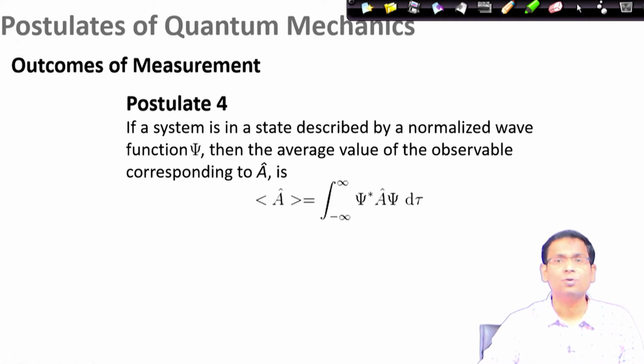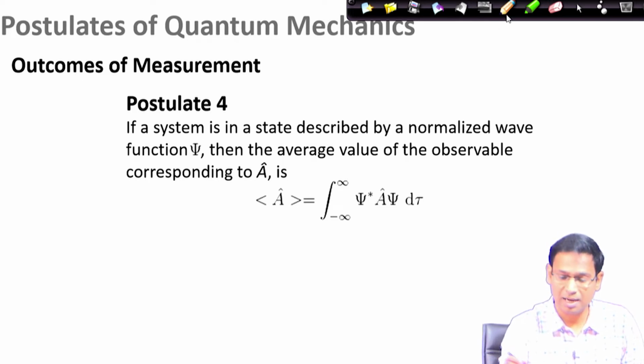It says that if you have a system which is described by a state function, a wave function psi, which is normalized, then the average value of this observable that corresponds to the operator A is given by this relation.